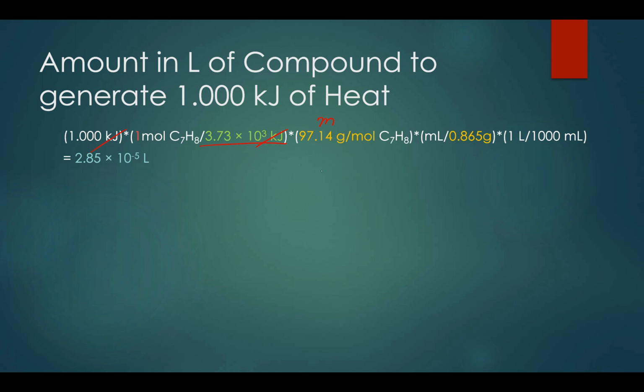So this cancels out the moles, multiplied by milliliters. This is the density. And here the grams cancel out. And then multiplied by 1 liter divided by 1,000 milliliters. And here milliliters cancel out, leaving us with just liters, which ultimately gives us 2.85 times 10 to the power of -5.